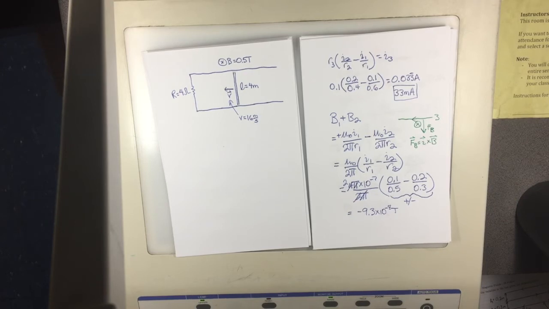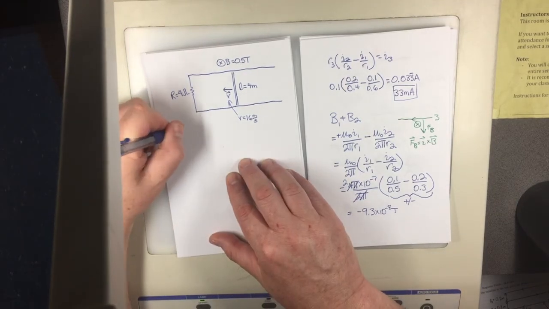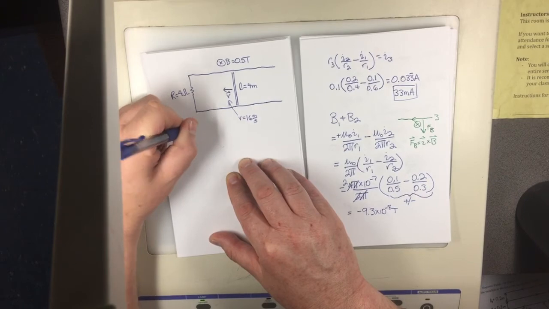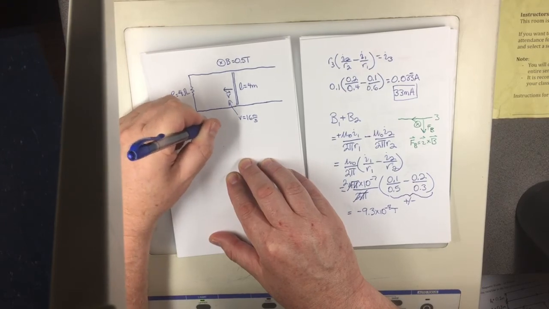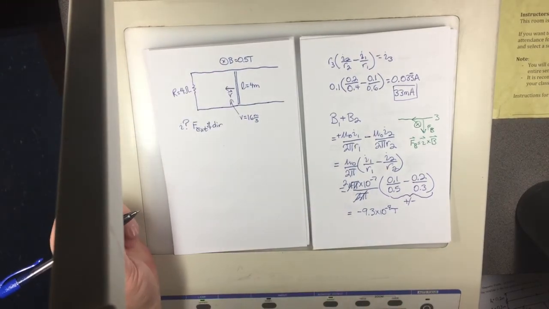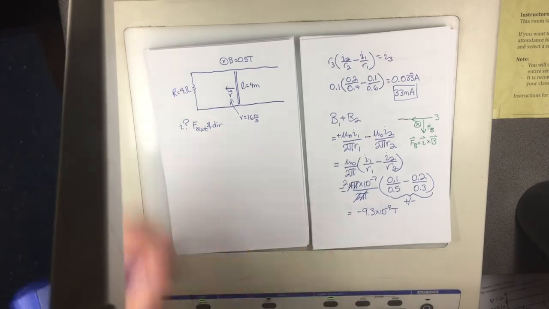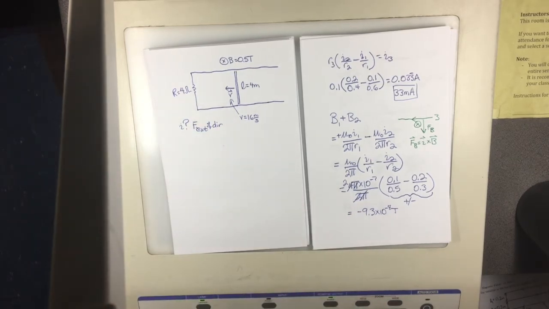The question is, what is I? What is the external force? And give me the direction of that external force applied to it such that the velocity remains constant.